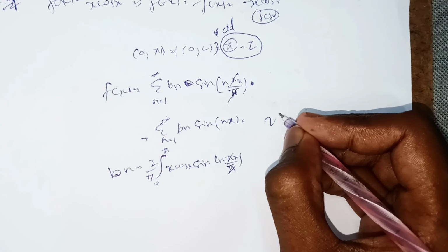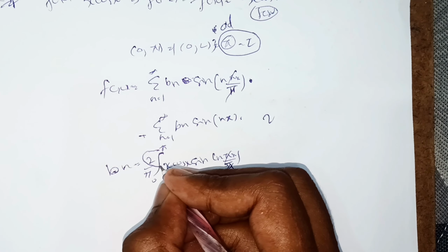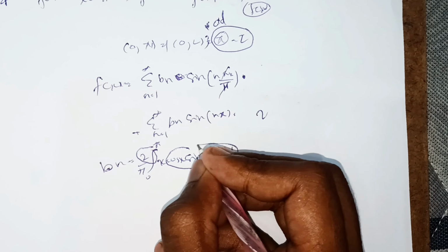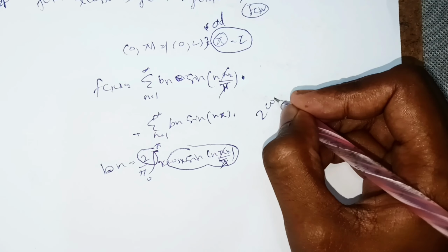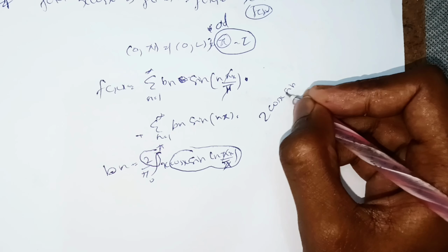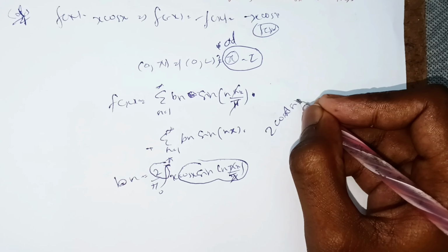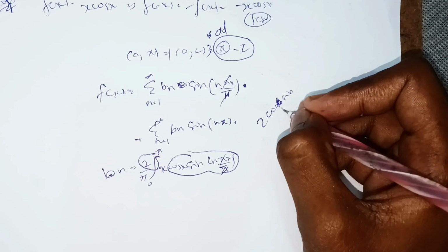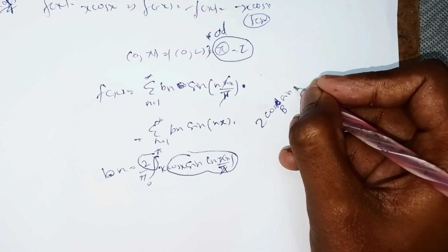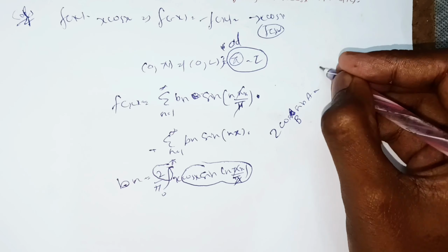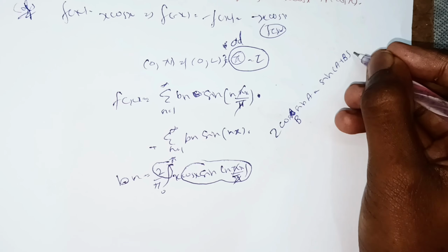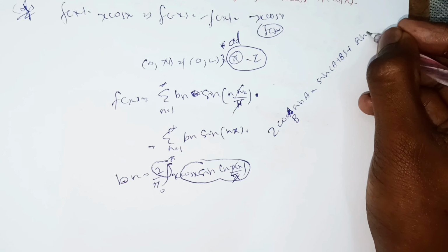So this cos x sine nx will be taken as 2 cos x sine nx. We use 2 cos b sine a equal to sine of a plus b plus sine of a minus b.